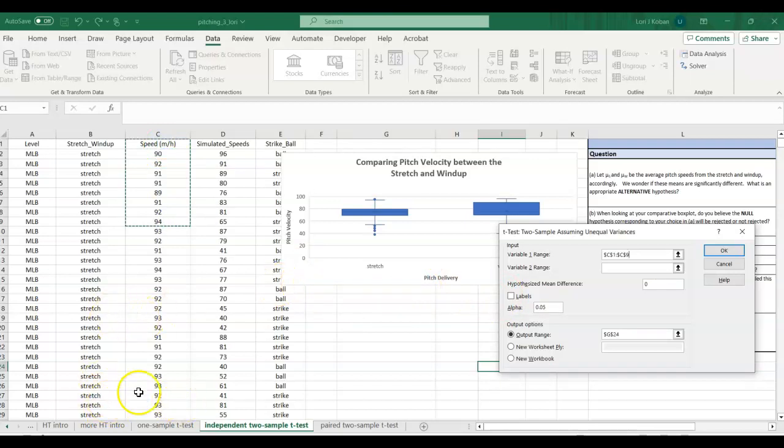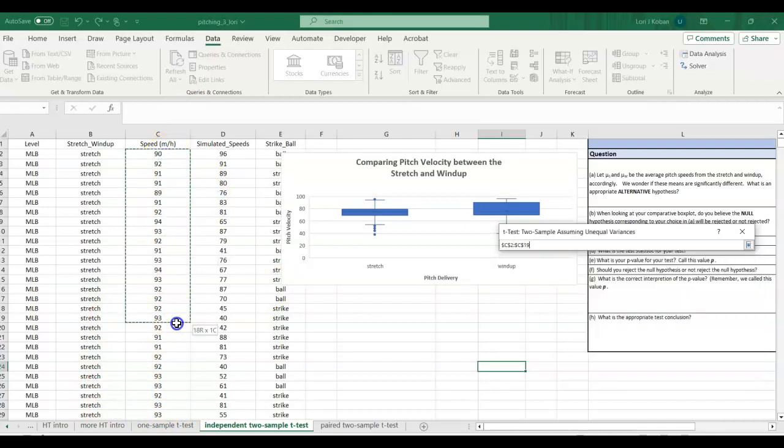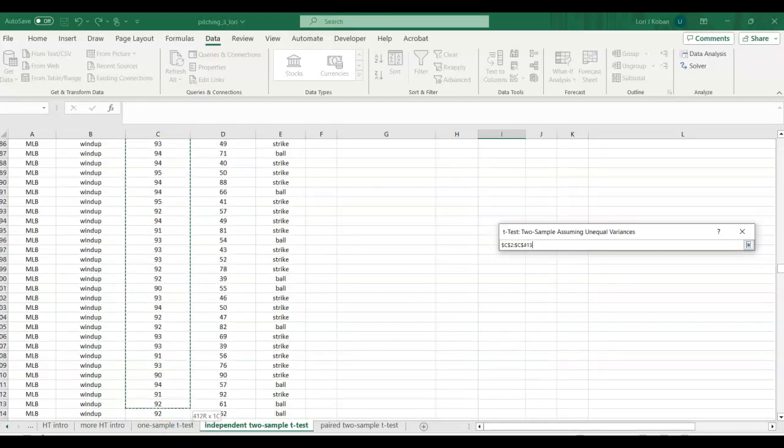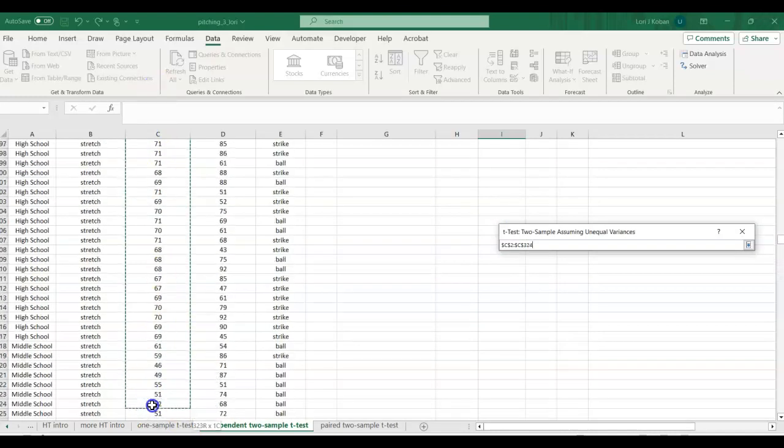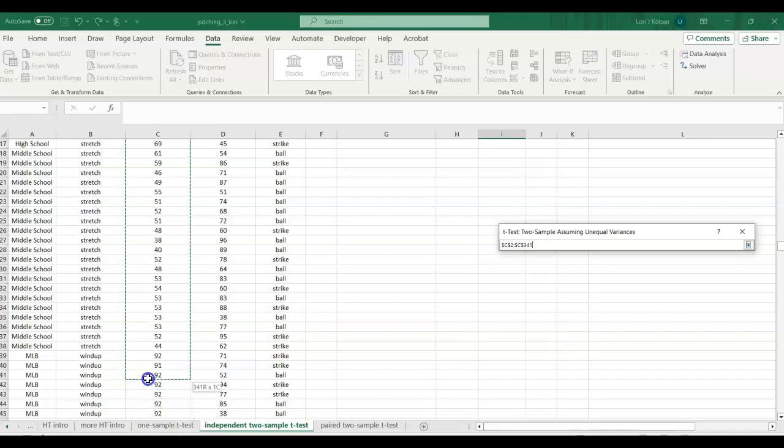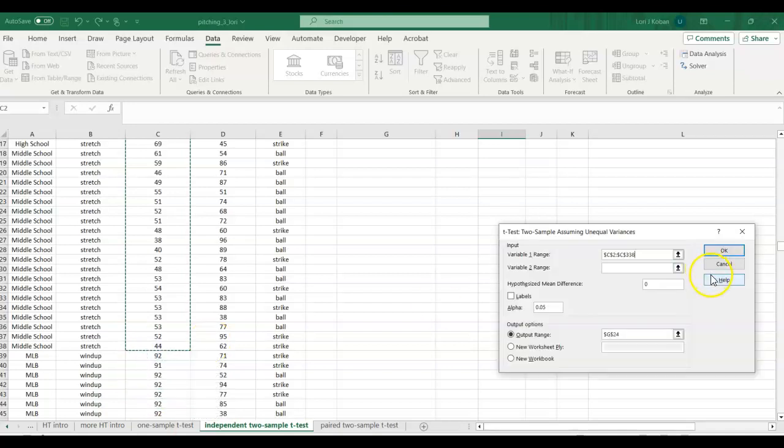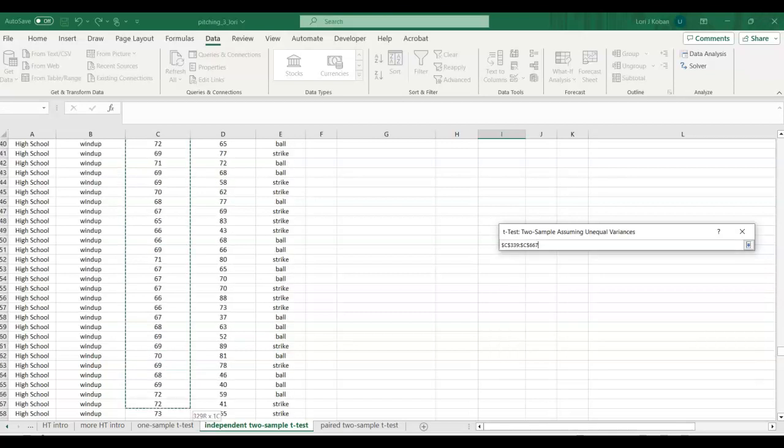But since I'm going to be picking up the windup stuff later and not having a label, I'm going to choose to not include the label. So I'm just going to get these stretch pitches. And then I'm going to come down here and get the windup pitches.